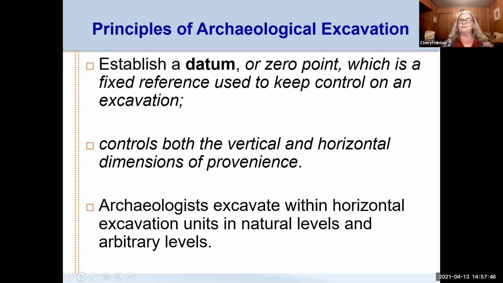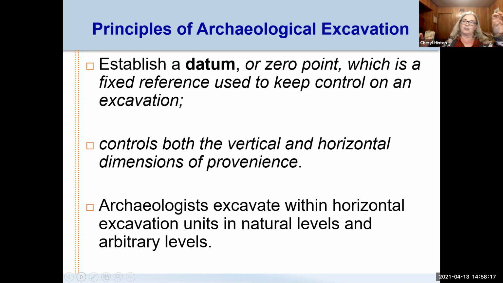All right, and to excavate, we have to have a starting point that we're measuring from. So what we have is a datum point. This is the 0 point on the site from which everything else is measured. We have datum points all across the United States because the USGS, the US Geological Survey, went across this country and on a grid system plotted all of the land in this country.